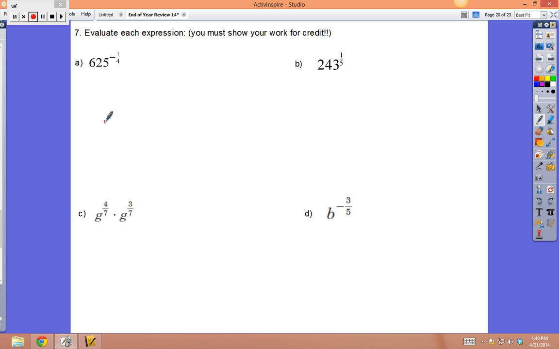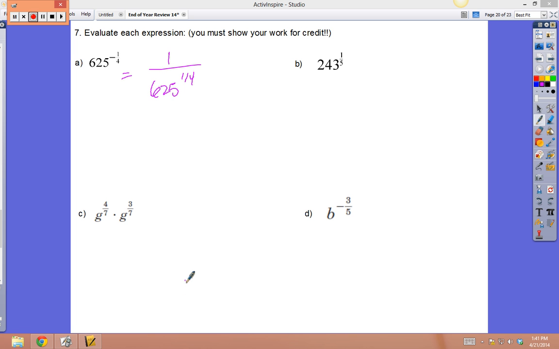Okay, now we've got fractions for exponents. So if we've got 625 to the negative 1/4, your negative exponent means you've got to move it to the bottom. So it's going to be 1 over 625 to the 1/4. Now I'm going to break up 625.